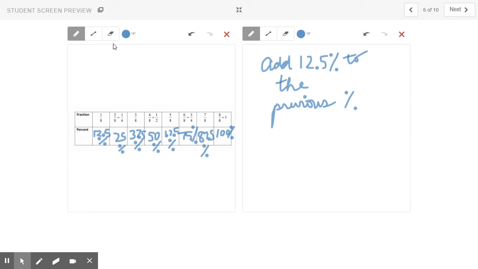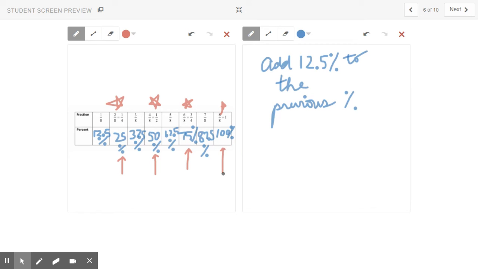However, I want you to note that 2/8, or 1/4, is 25%. 4/8, which is a half, we know is 50%. 6/8, which is 3/4, that's 75%. So for these, we actually did not have to add 12.5% to each one. And obviously 8/8 is 100%.